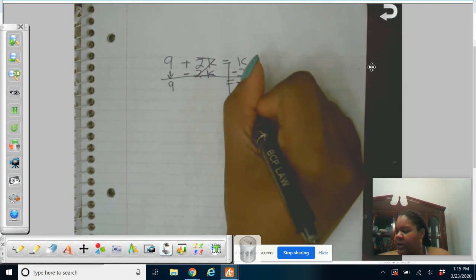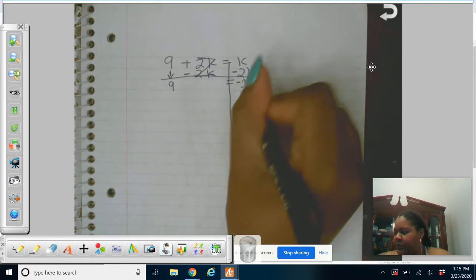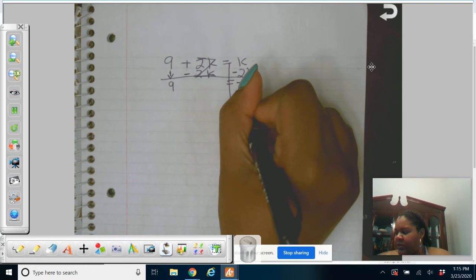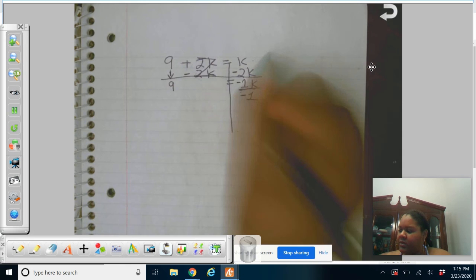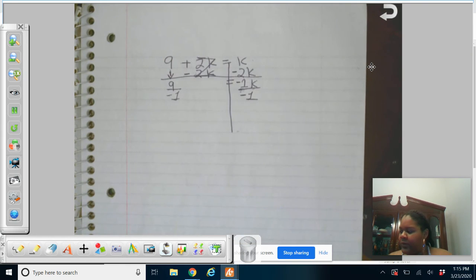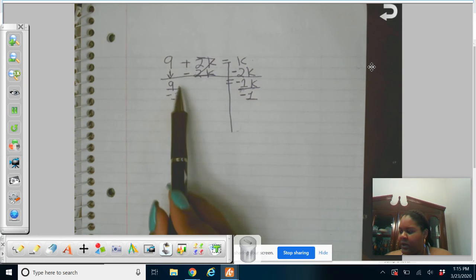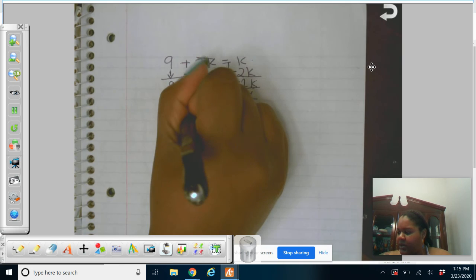This is multiplication. If I have a number and a variable next to each other, that means they're being multiplied. So the inverse of this would be division. I'm going to divide both sides by negative 1. So 9 divided by negative 1 equals negative 9.